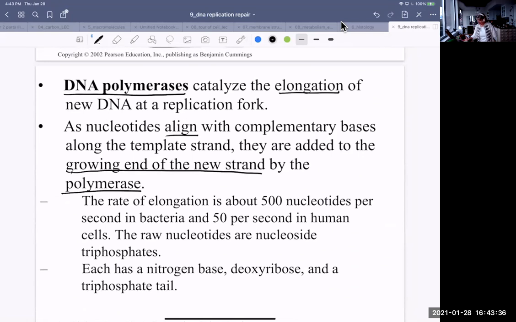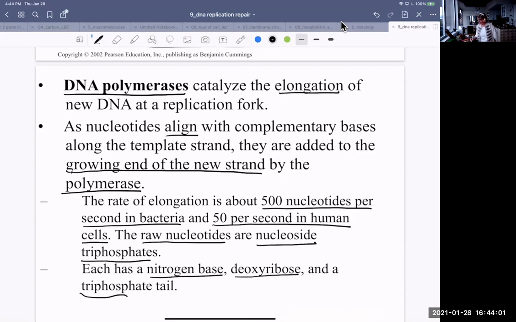It's quite fast, about 500 nucleotides per second in bacteria, but only 50 per second in human cells. The raw nucleotides that are floating around waiting to be made into new strands of DNA are called nucleoside triphosphates. But each one of them has a nitrogenous base, a deoxyribose, and a triphosphate tail.